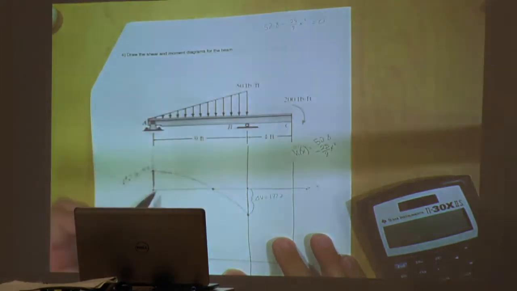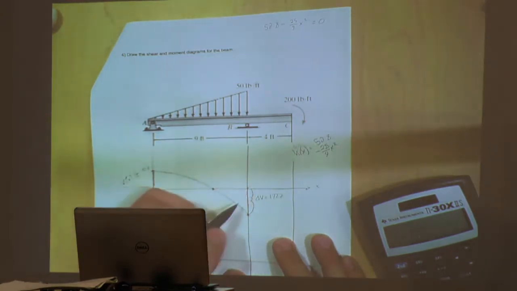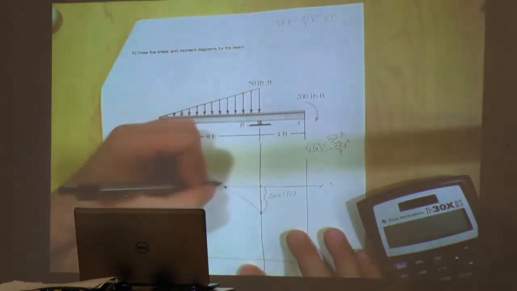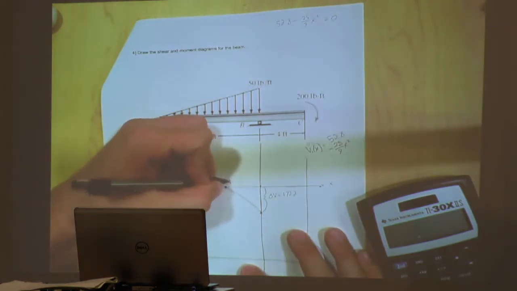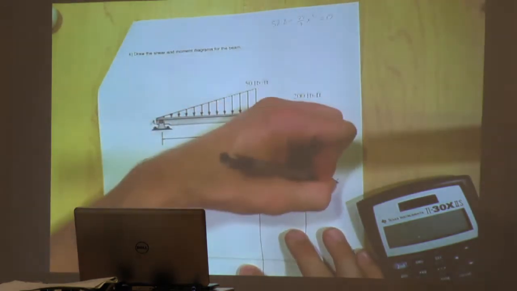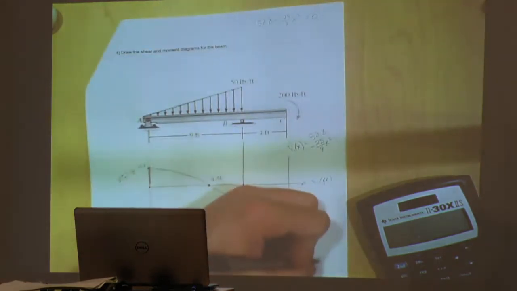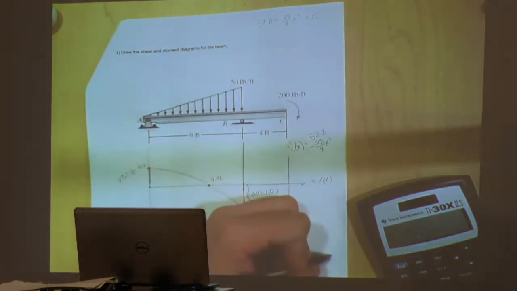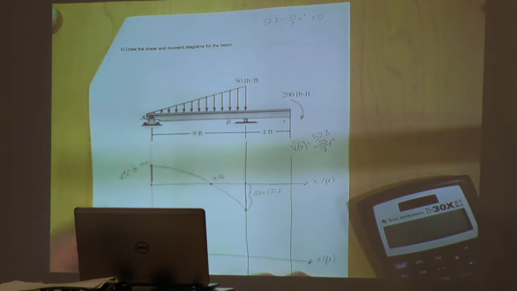Since we're on the positive side of the x-axis, you'll take the positive root, not the negative, of course. So that x value turns out to be 4.36, and our units are feet. Once we get to our moment equation, we'll plug that value in, and we'll find what our max or min value is. Yeah, 4.36.